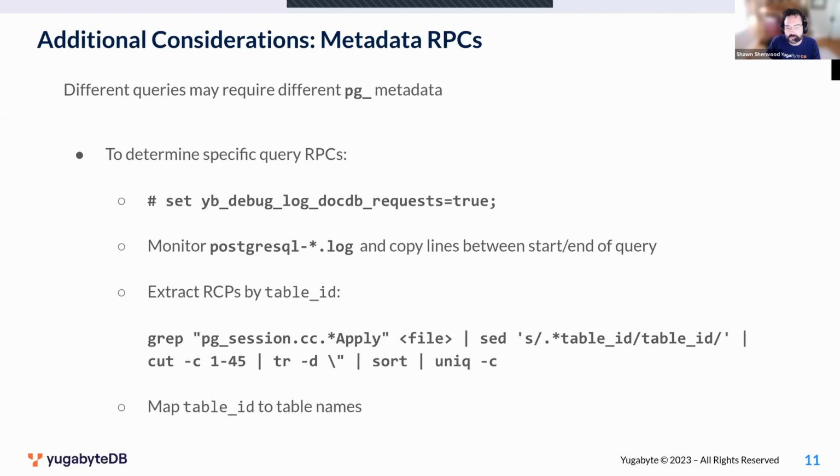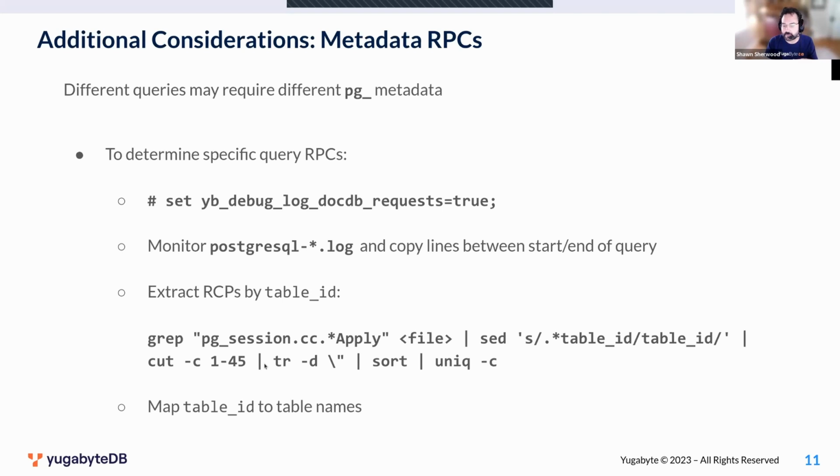You can enable this YB log docdb request, which effectively turns on logging of all RPC requests coming out of that node in the Postgres log. What I will do is tail that log, run my query in a YSQL session, capture that part of the log, put it in a text file, and then run this grep command.